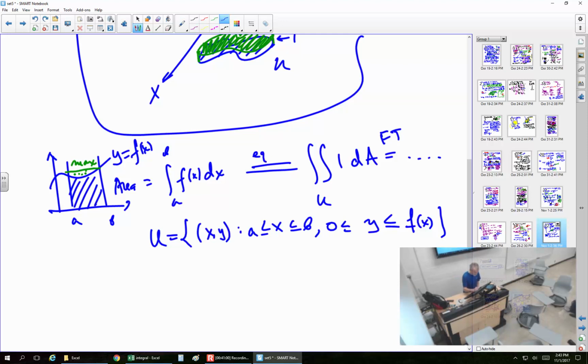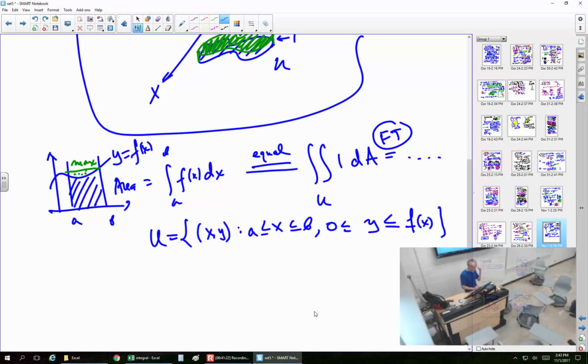So these are supposed to be equal: area computed one way, computed the other way. We cannot confirm it in any other way by the Fubinian theorem that we don't have yet. So we discover what the Fubinian theorem would look like under these circumstances, and this is what it is.